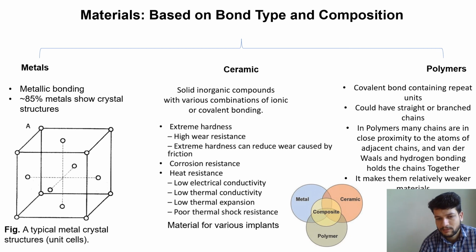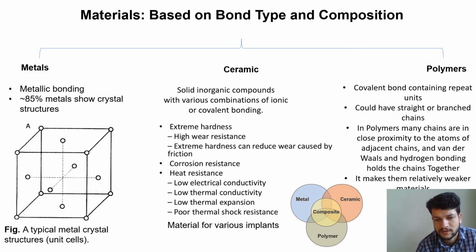There is also another type of materials which are called composites. Composites are the materials which are formed by the combination of different types of materials. For example, they can have the properties of both metal and ceramics, or they can have properties of all three types of these materials, or two types of these materials. So they are called composites.